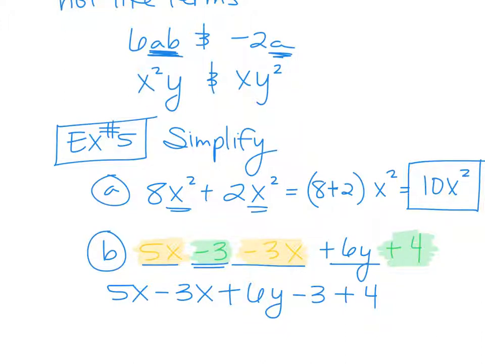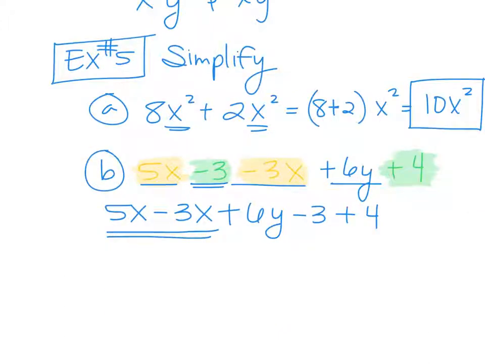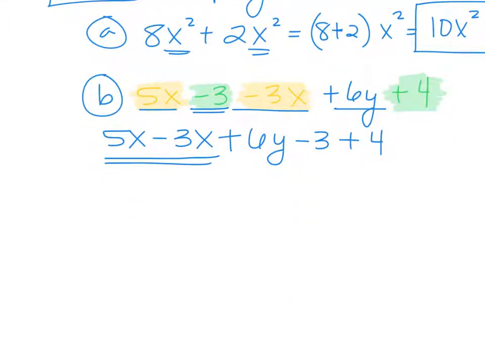Okay, so now it's in the order that we want to simplify in. Now we just simplify. So 5x minus 3x becomes what? 5 apples minus 3 apples is 2 apples, right? So this is 2x plus 6y, which we can't do anything with, so we're going to leave that as 6y.